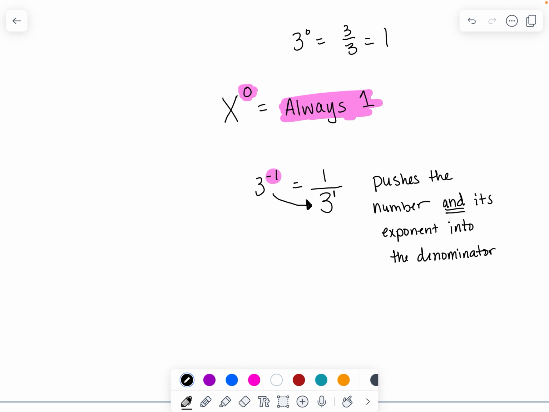So we could put a little 1 right there. There we go. 1 over 3 to the 1st. Okay, so negative exponents push the number and its exponent into the denominator. That's what that does, okay?